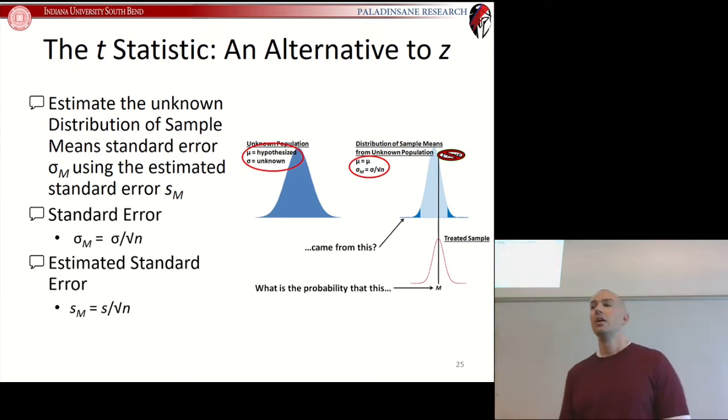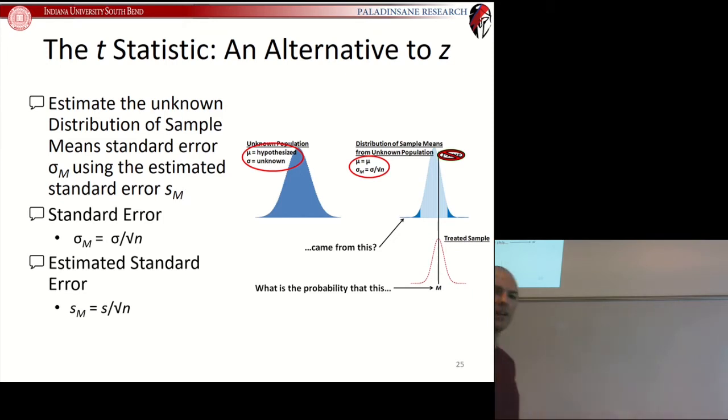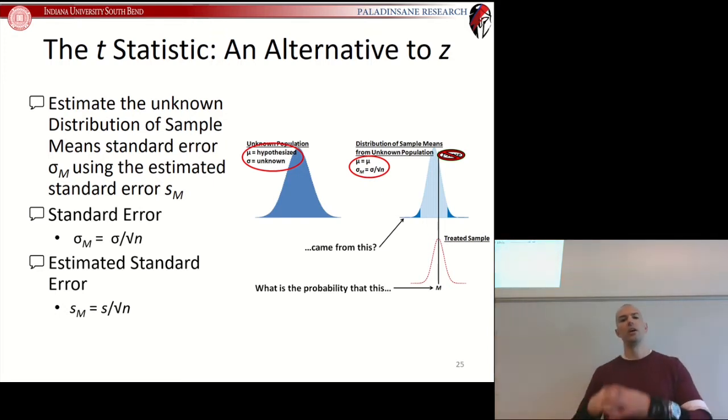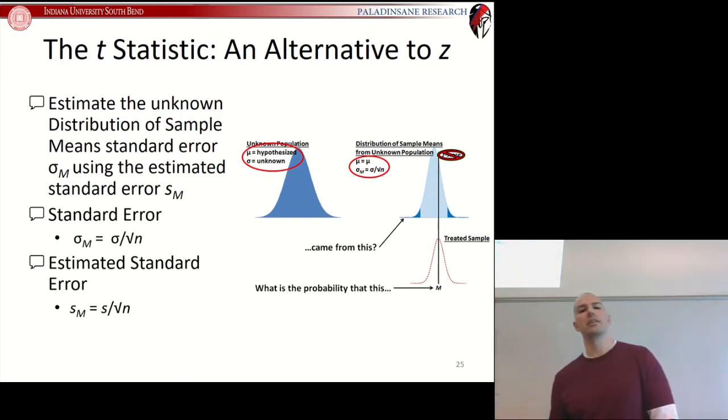So literally that one substitution, not the population standard deviation, but now the sample standard deviation, that's the change. That's the difference in terms of how we're calculating this new distribution of sample means.